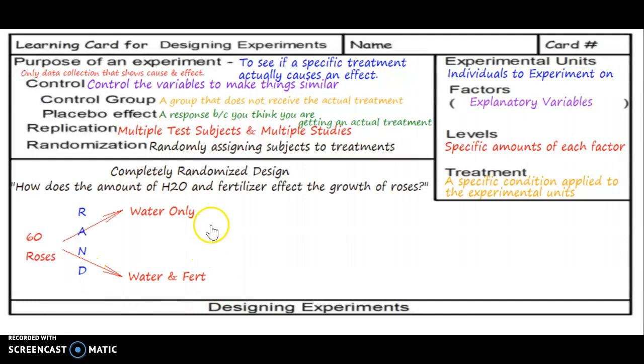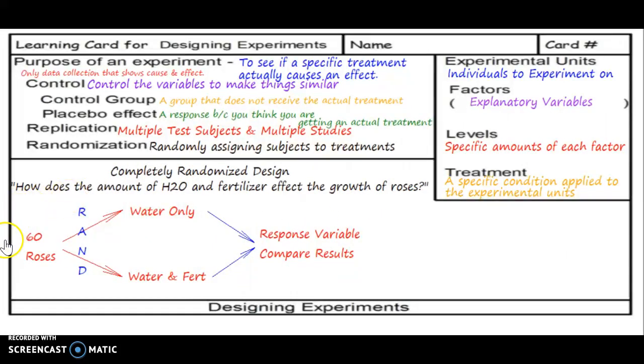And then I come back together and I find my response variable. And so when I collect my response variable from each one of the plants, I then compare the results. Now let's just say the response variable in this case was the amount of growth in inches. When I get to this point, the last thing that I should do is then write a conclusion.